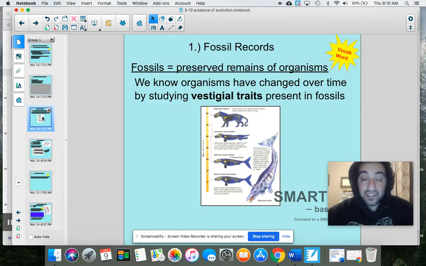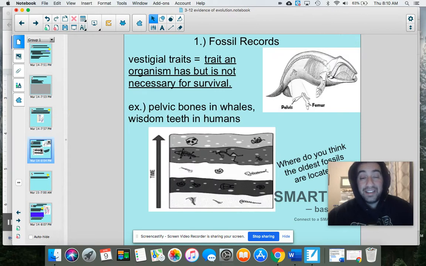A vestigial trait, very important, is a vocab word that leads to the fossil record evidence. A vestigial trait is a trait that an organism has, but it's no longer necessary for survival.